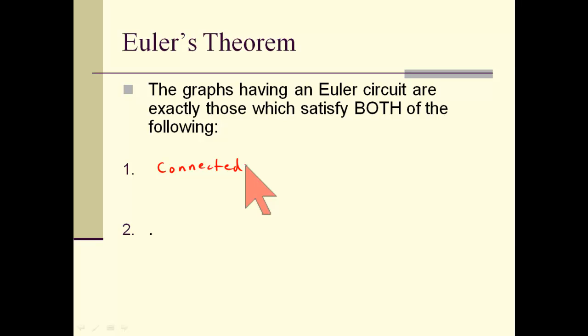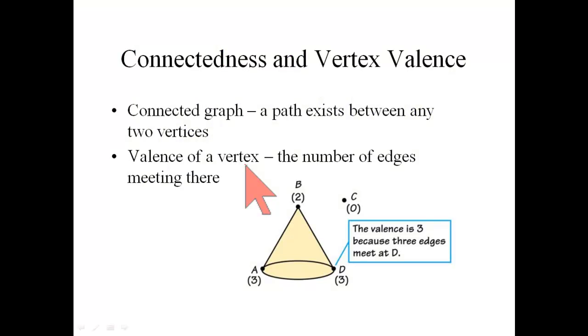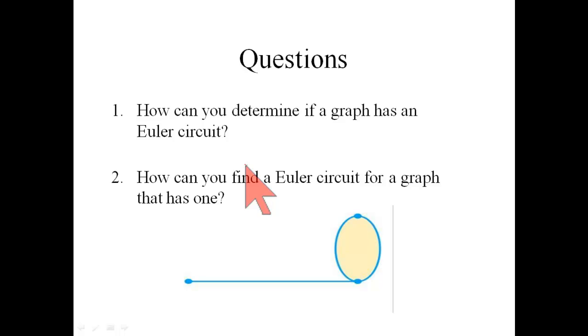The other condition has to do with valence. Let's flip back and look at a graph like this one, for example. It's connected, but we said it didn't have an Euler circuit. What about the valences? Here's a valence 2 vertex, a valence 3 vertex, a valence 1 vertex. Now, there's a problem at a vertex like this.